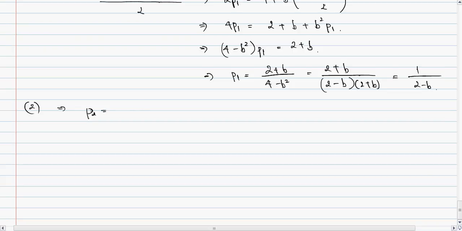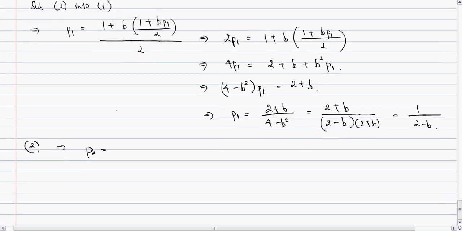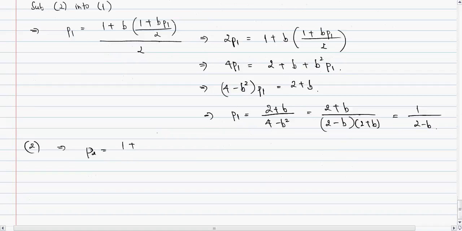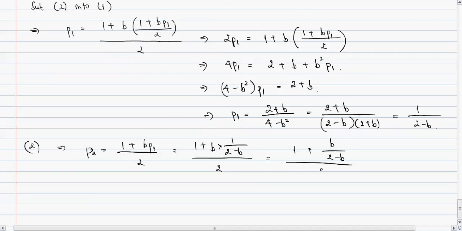So the price P2 is equal to (1 plus B of P1) divided by 2, and that will be equal to 1 plus B, where P1 is equal to 1 divided by 2 minus B, and the whole thing divided by 2. Okay, so that will give you 1 plus B on 2 minus B, something divided by 2.